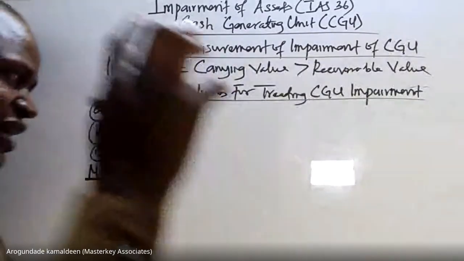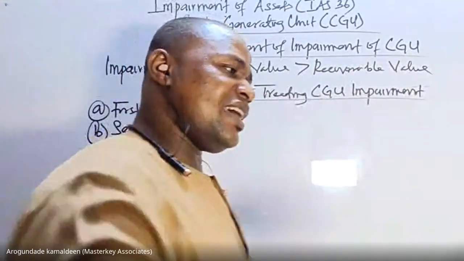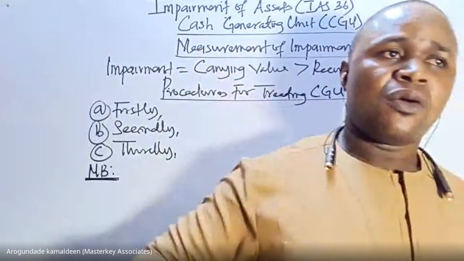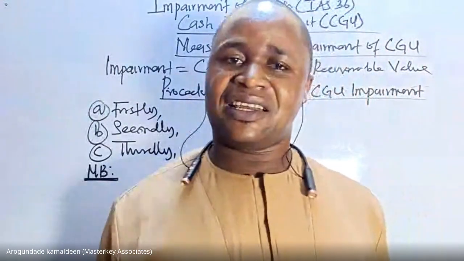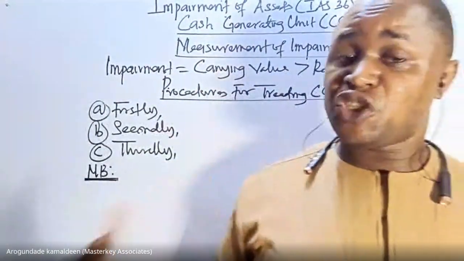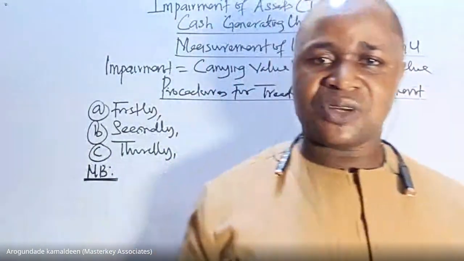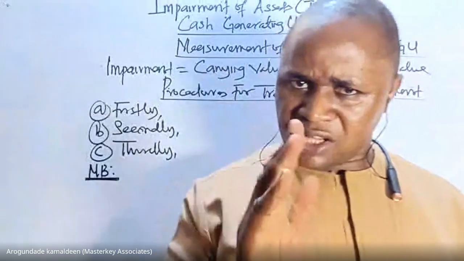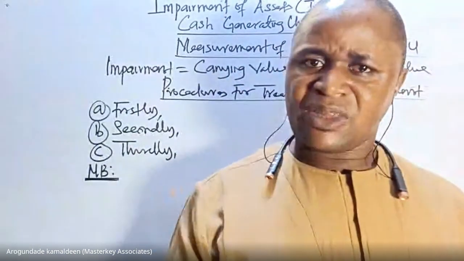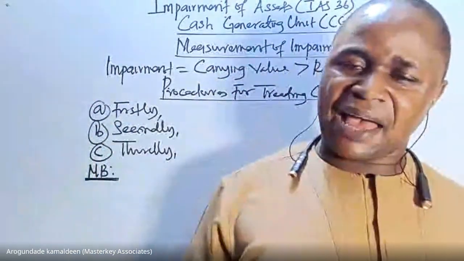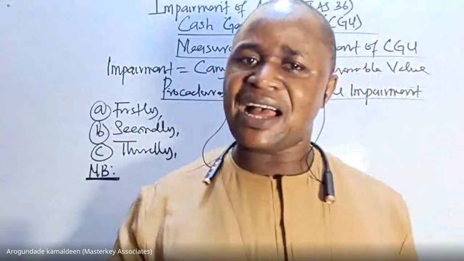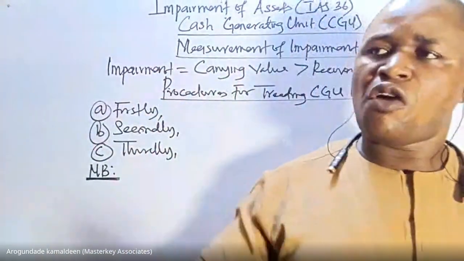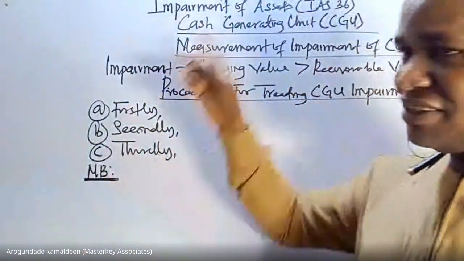Now, class, in the CGU, the examiner will give you monetary assets like inventory, trade receivables, and others. Do not touch them. Why? The impairment of these assets is out of the scope of IAS 36.